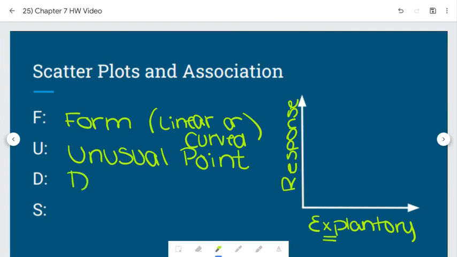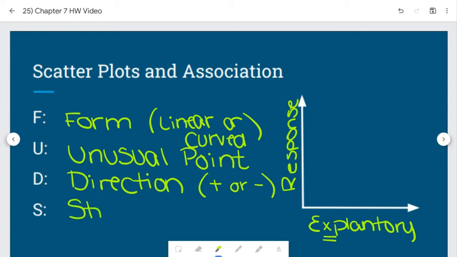So anything that gives us a reason to talk about it. D is for direction. Really that's if it's positive or negative. And then S is our strength. We're going to talk about how strong it is.